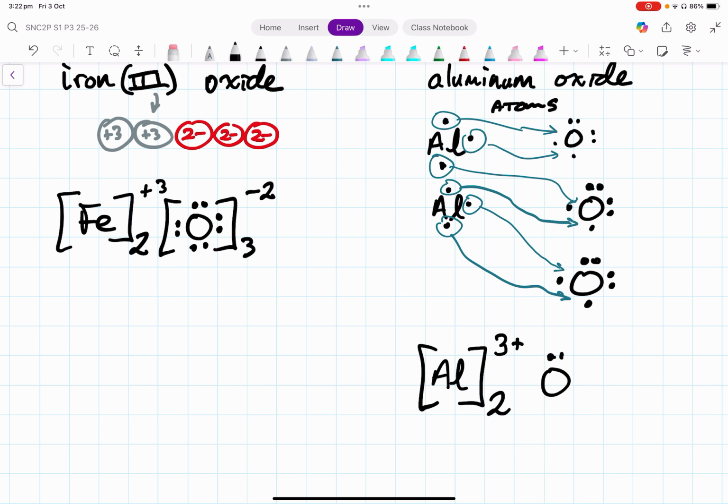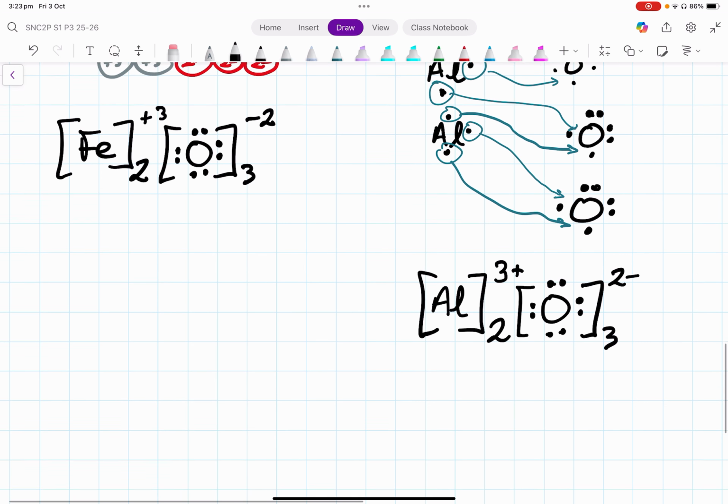And each oxide gains 2 electrons, so each oxide has a charge of 2 minus, or -2, either or. Some textbooks are fussy that way, where you have to put the charge after. I don't care either way for you guys. But we have 3 of those.